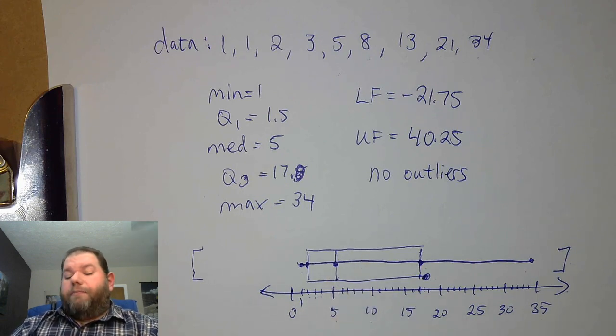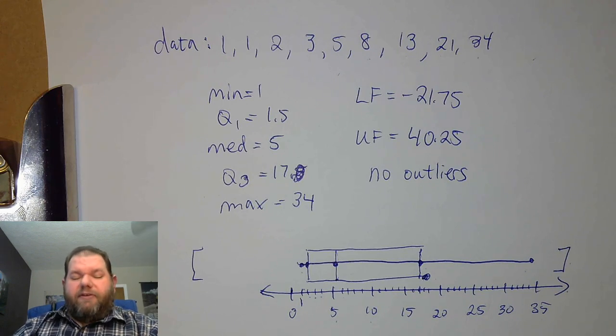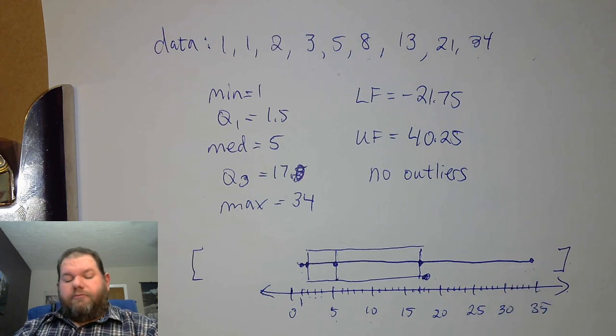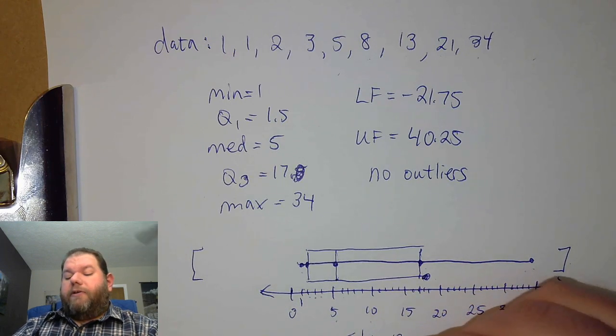Sorry, I think I said skewed left once, but it's definitely skewed right in both senses, because we have a longer tail going off to the right. So we know this is skewed right just by looking at it.